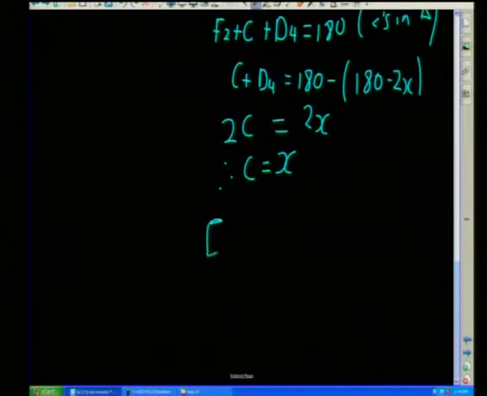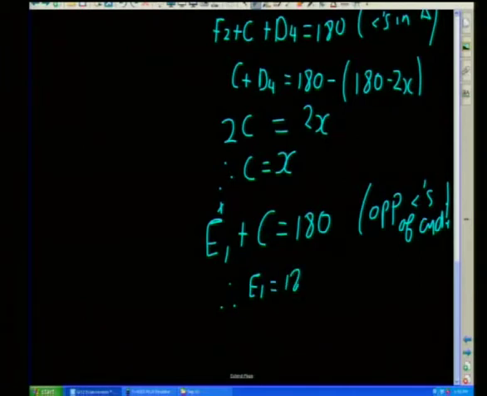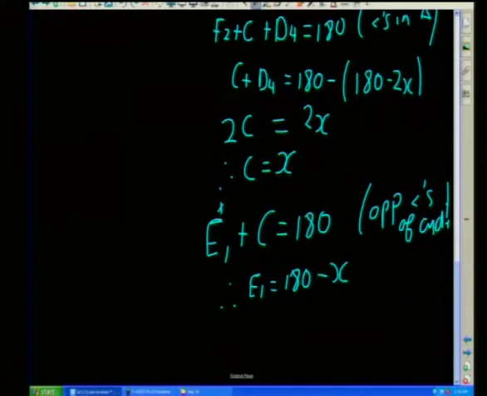So angle E1 plus C is equal to 180 degrees, and that is opposite angles of a cyclic quad. Therefore, E1 must be equal to 180 minus C, and C was x, so therefore E1 is 180 minus x.